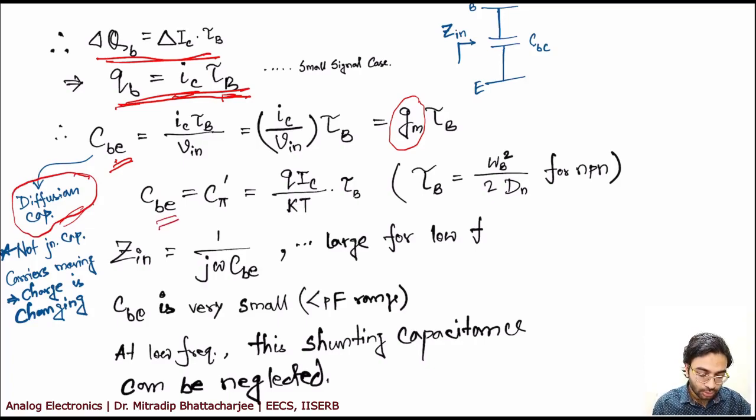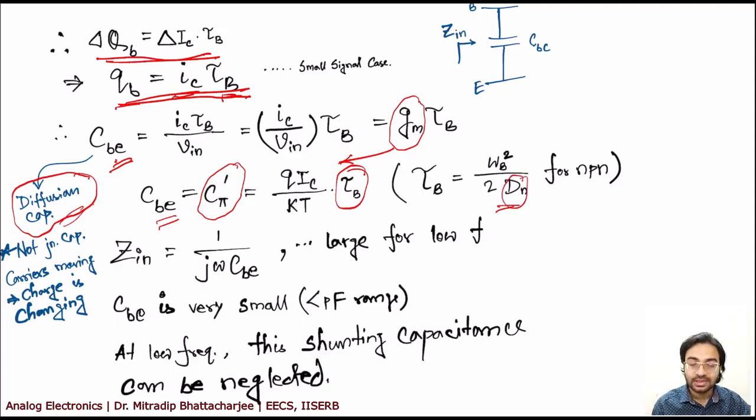So CB also can be written as C pi, can be written as q IC by kT. This is the value of gm. We already have calculated, gm is equal to q IC by kT, into tau B. Now tau B is your base transit time, which also can be written as WB square divided by 2 into Dn. WB means base width. Base width square divided by 2 into Dn. Dn is the diffusion constant.